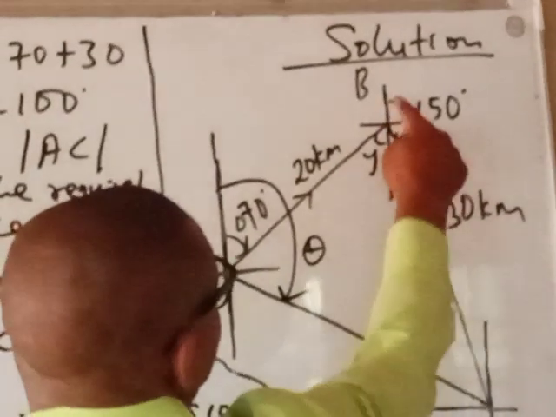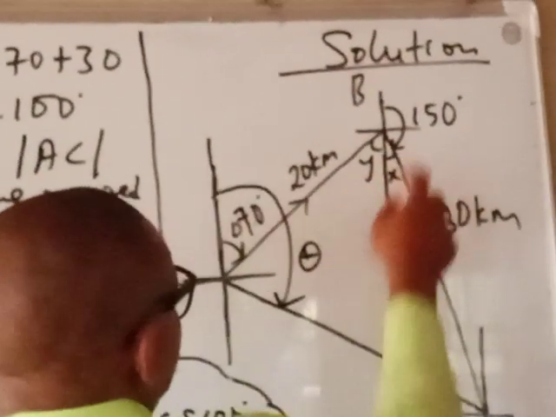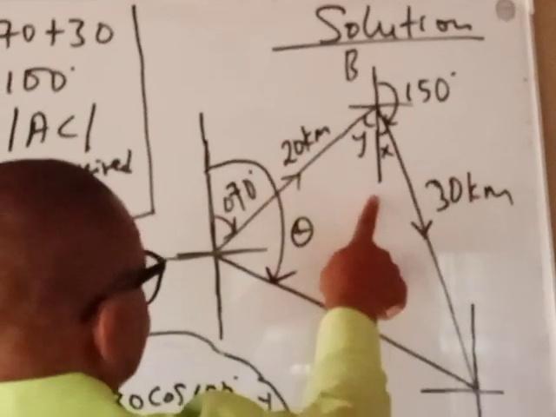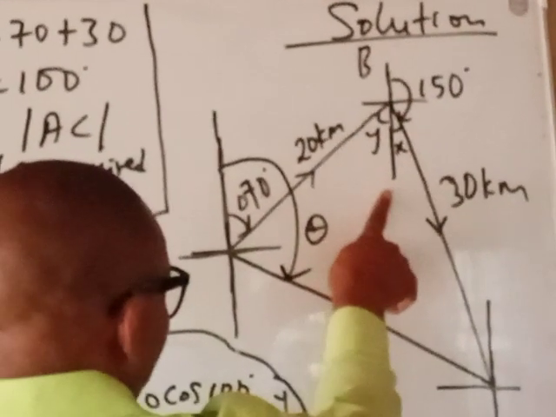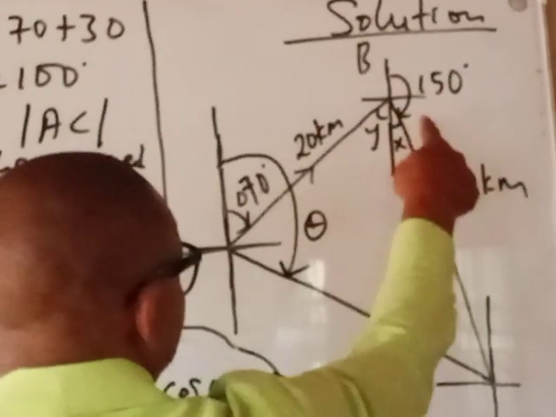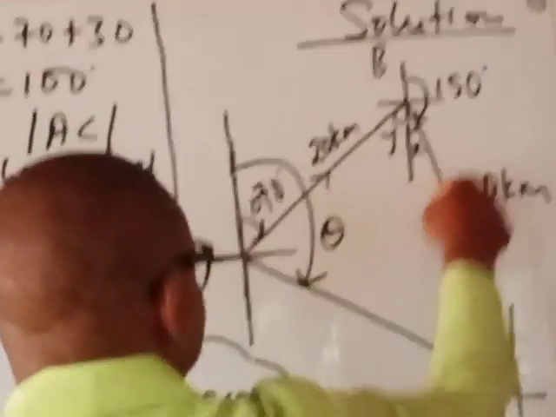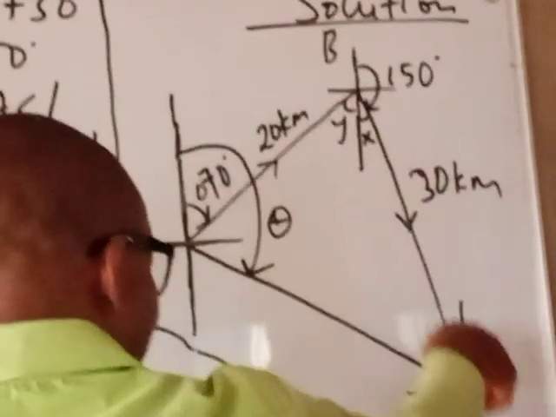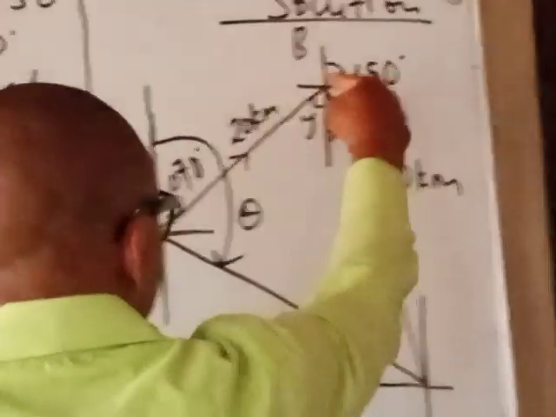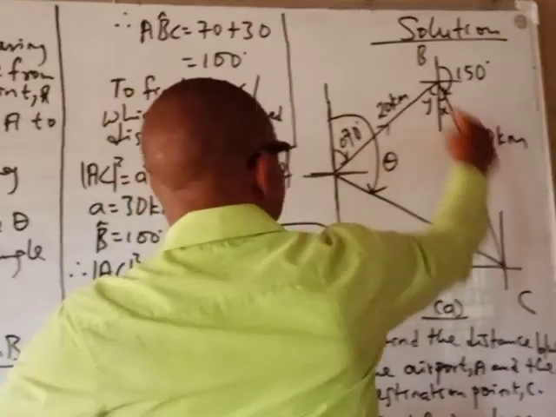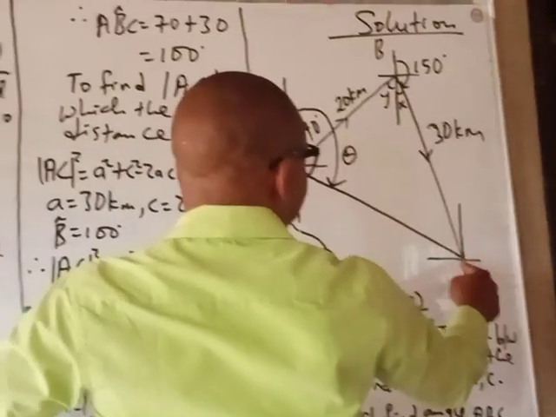Then we trace 150, which is found in between 90 and 180, but very close to 180 because it is greater than the half between 90 and 180, which is 135. Having gotten that, we now draw from this point downwards. As we're drawing down, we notice that the distance here is greater than the distance, so that is why we're coming down here and reaching this point.